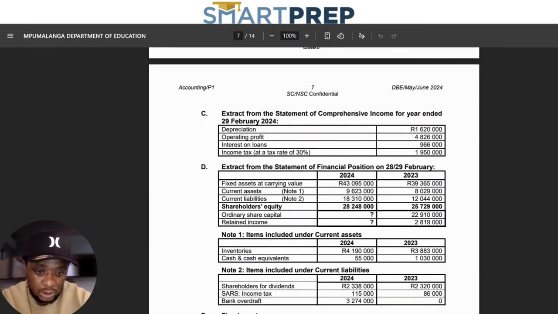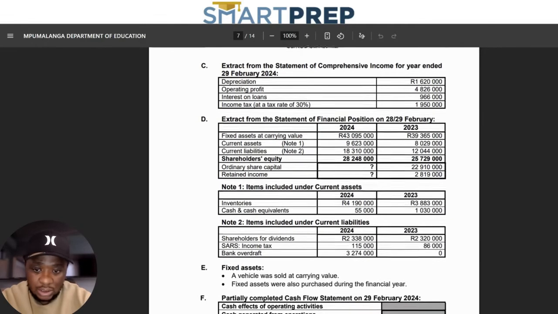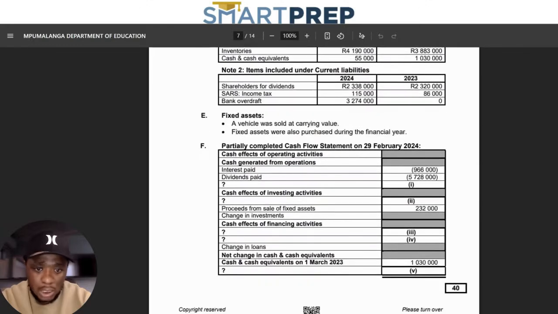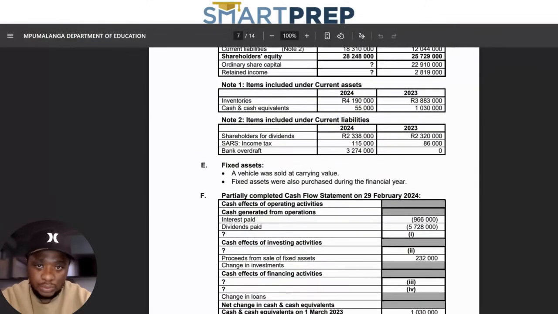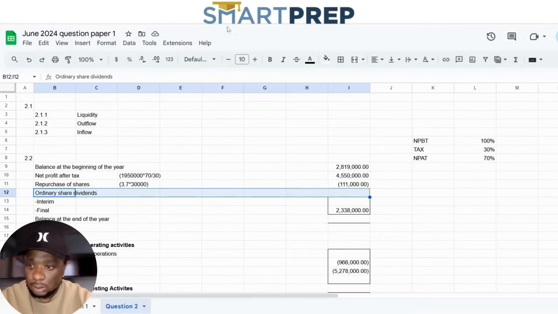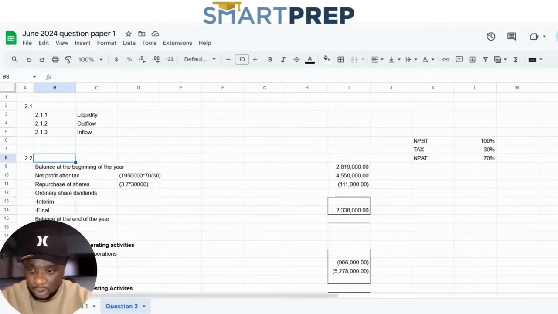Then we have shareholders for dividends, where we can see that there was this payment of 2,338,000. That would be the retained income. Then we move on to cash effects from operating activities, where we've got our interest paid and our dividends paid.